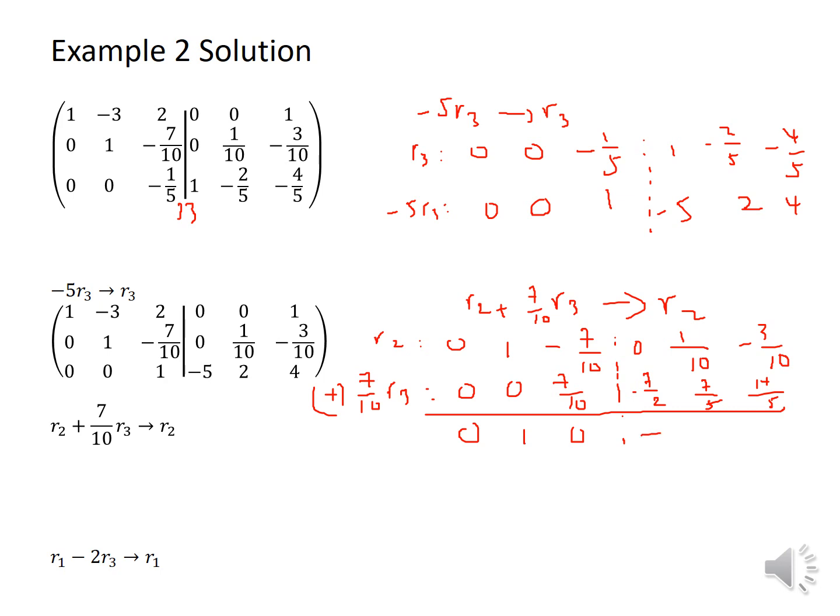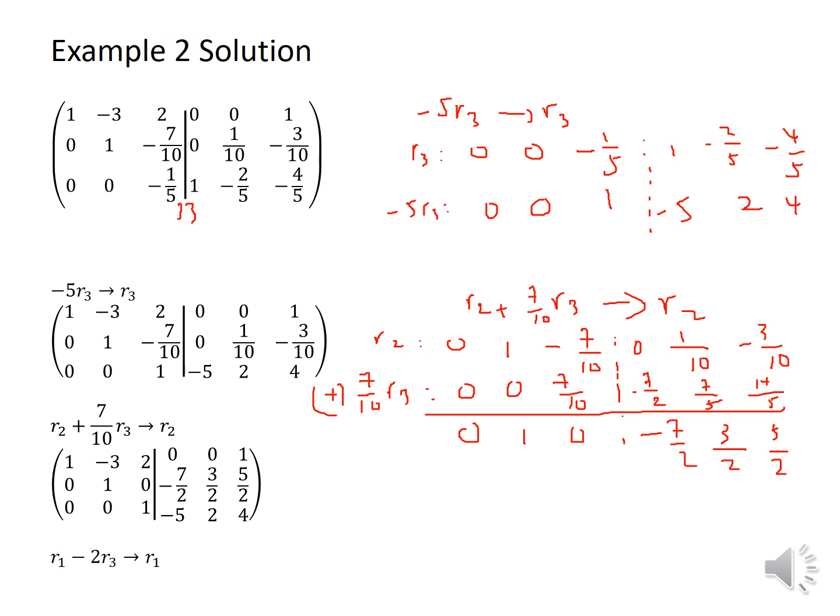And now we have 0 plus 0 is 0 and 1 plus 0 is 1. And the new R2 has come out. So we replace into the R2.